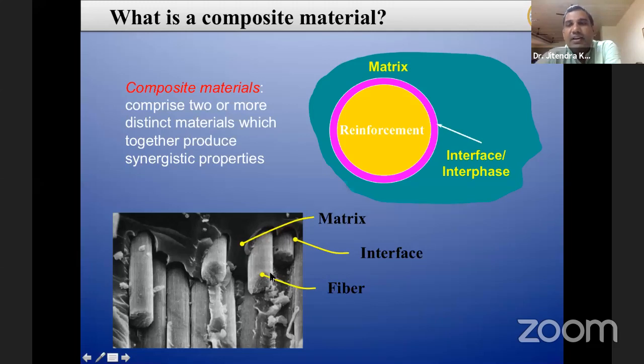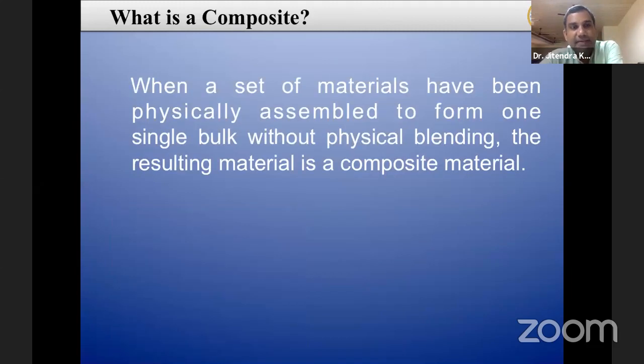This may be a long fiber or short fiber, which you'll see in further slides. And this is called the interface, which has a high adhesion with the matrix, so that whatever force is applied is uniformly distributed between the matrix and this fiber or reinforcement, and it supports the matrix. That is the main function of the matrix and reinforcement.